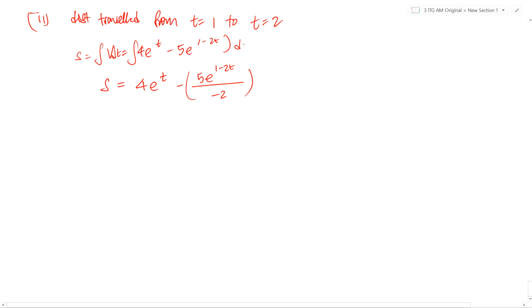Sorry, very lazy. Alright, to show the integration, then we have to add plus c: 4e^t plus 5 over 2 e^(1 minus 2t) plus c.